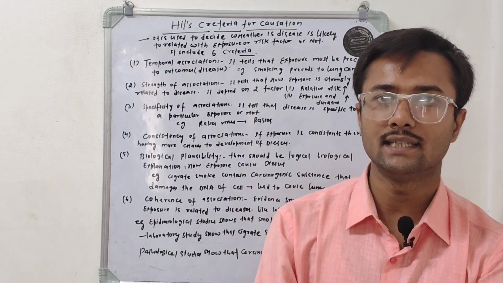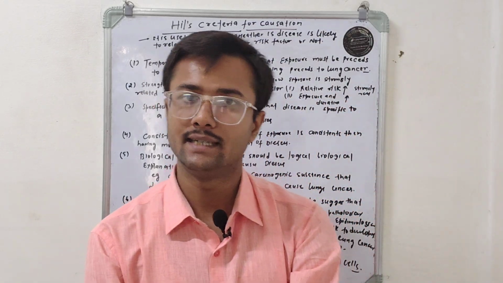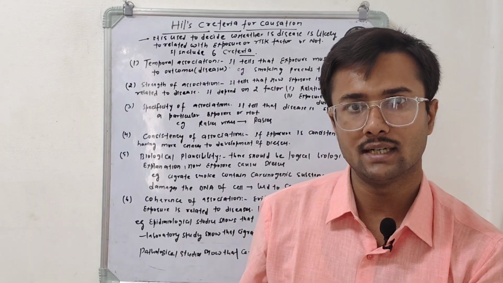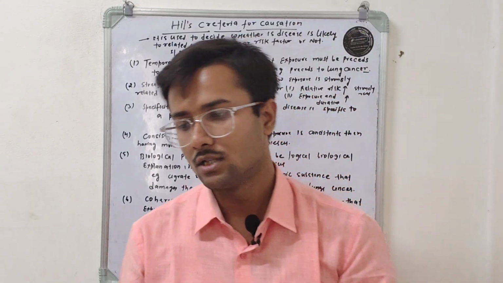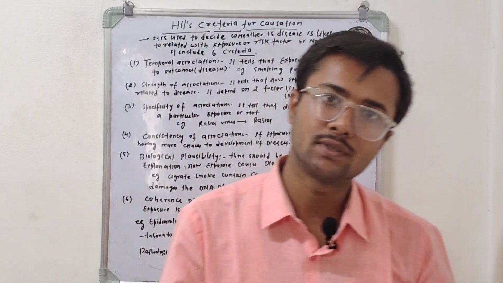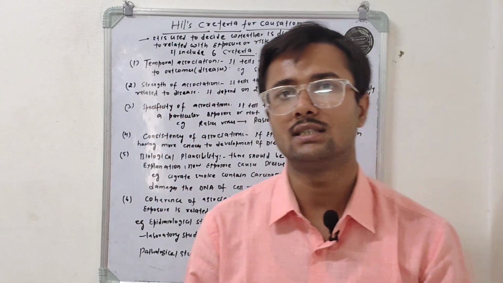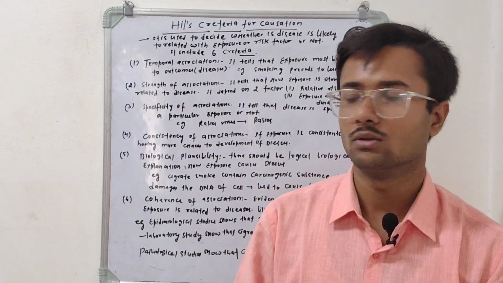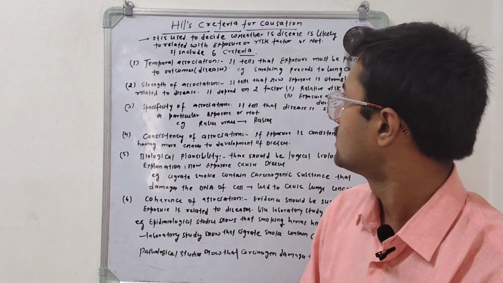Then at the age of 40, he develops lung cancer. So here, first there is the exposure and this exposure precedes the disease. Whenever exposure precedes the disease, that exposure is considered a cause of the disease. So this is about the temporal association.